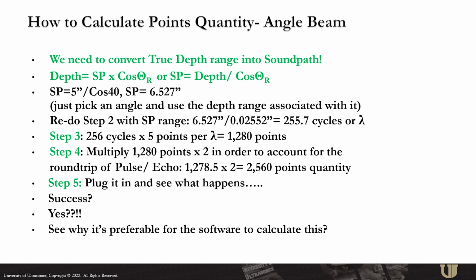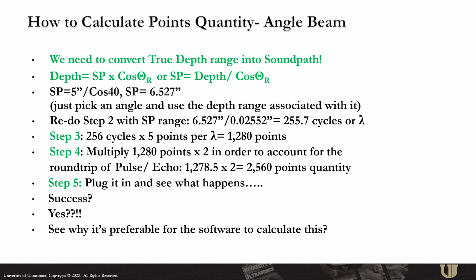So you could pick whatever angle you wanted to, just make sure that you use the depth that's associated with it. So I'm going to redo step 2 from the previous page with that sound path range. 6.5 divided by 0.02552 gave me about 255.7 cycles or wavelengths present within that range.